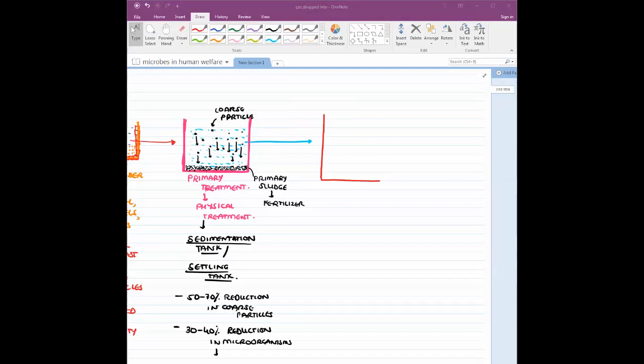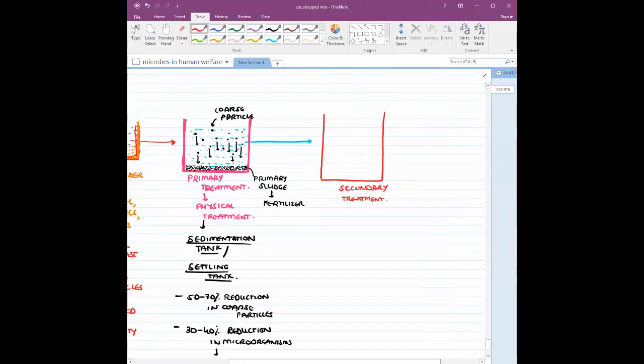Okay, so this digester, whatever we are talking about, guys, we call this thing your aeration tank. Let me just first put this down. This is going to be your secondary treatment.